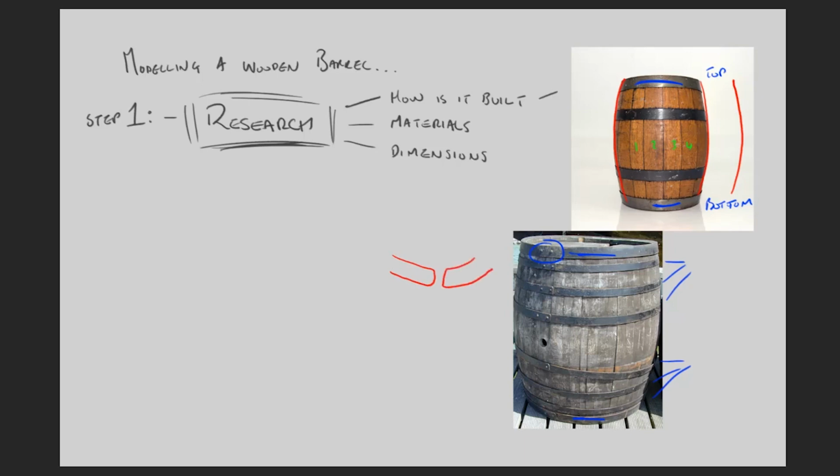So the metal bands, instead of just a solid band, it's actually a metal strip that's wrapped round the barrel and then overlapped on top of each other and then held in place by these 2 little rivets. So when we're thinking about how something has been manufactured, we have to look at it closely and try and work it out.